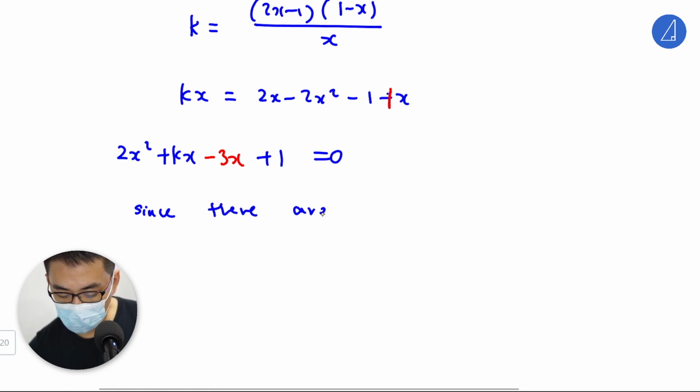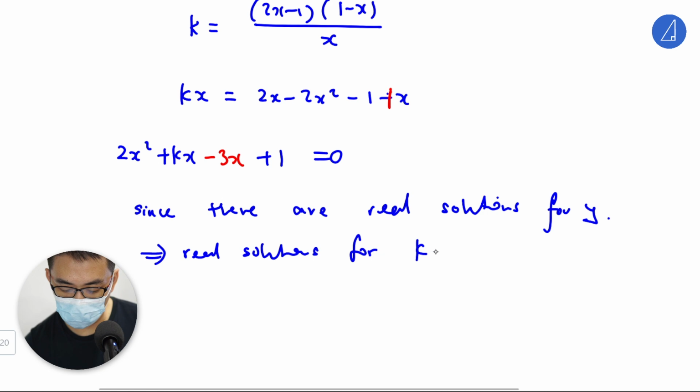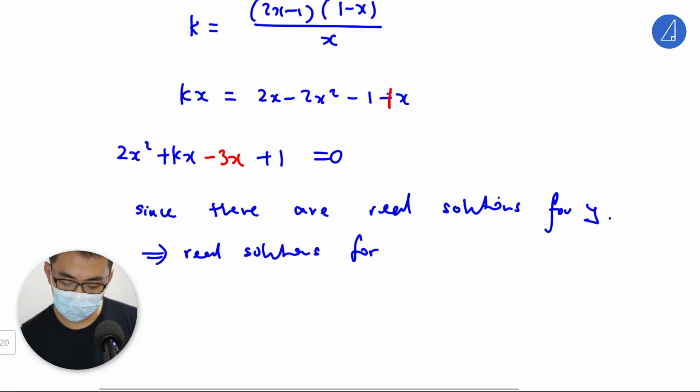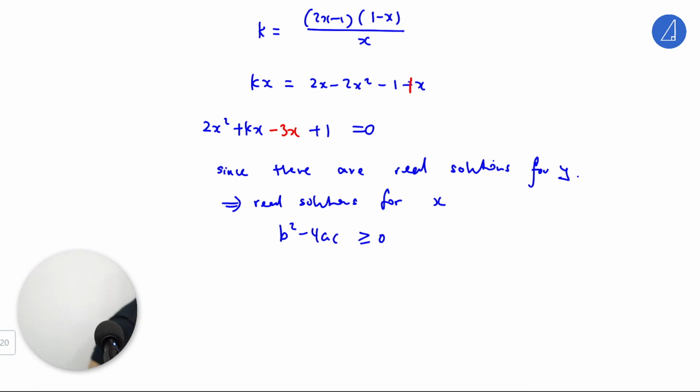In this case here, since there are real solutions for y, this will mean that there are real solutions for x as well. So in other words, b squared minus 4ac is at least 0, right? You want to touch once or twice, right?